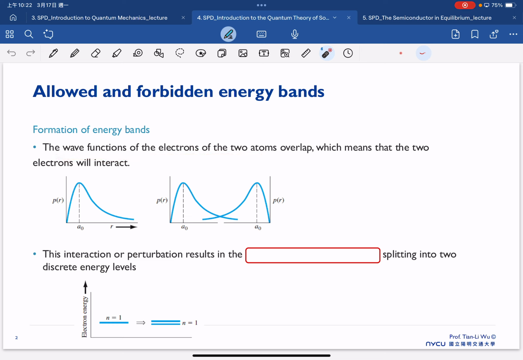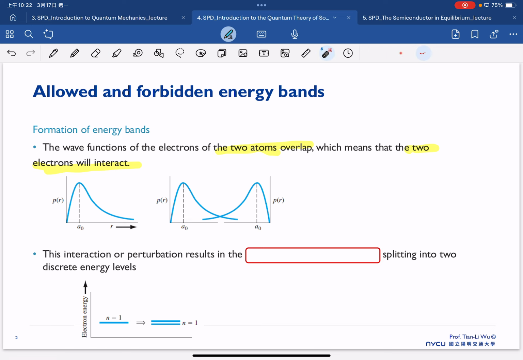Once we have two atoms overlap, so this is one atom. But now if we have two atoms overlap, that means the two electrons will interact with each other.